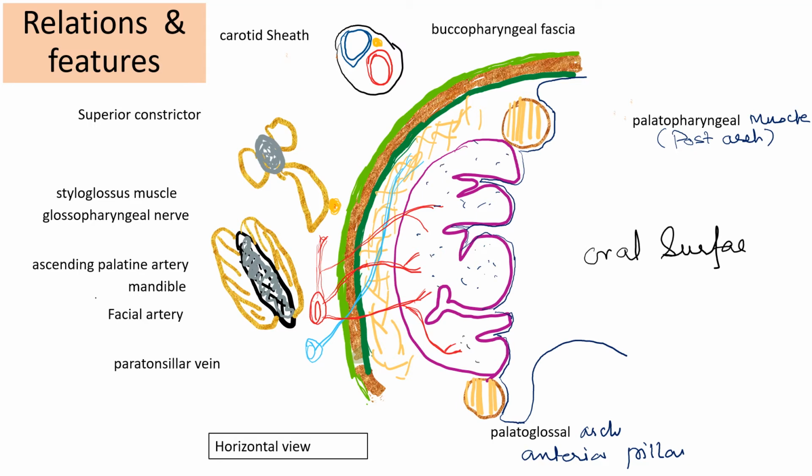Now the lateral surface of the tonsil is covered by a thick sheet of connective tissue, which is called hemicapsule. So there is a capsule of connective tissue lining the lateral aspect of the tonsil called hemicapsule, because this is the capsule which is covering only one aspect of the tonsil.